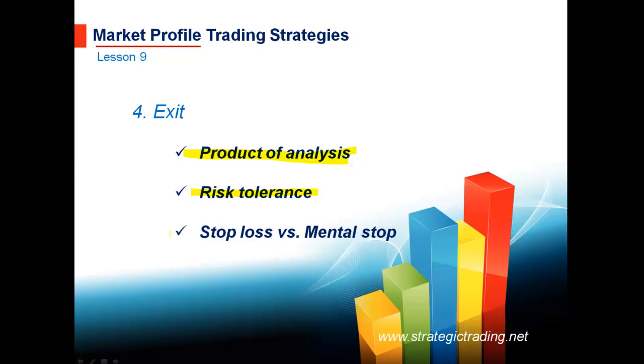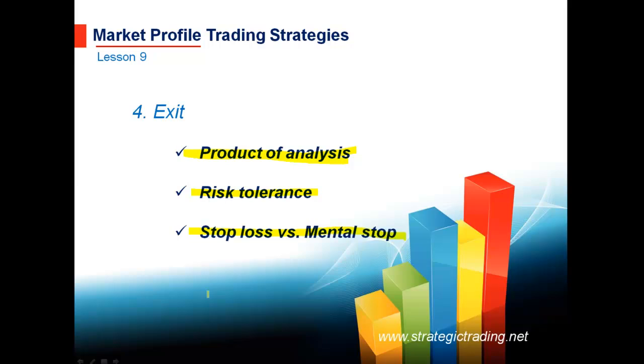Now, the other important thing that I want to talk about is stop losses. There are two different schools of thought about stop losses. There are some traders that never use a hard stop in the market. They decide they're going to work with what they call a mental stop. So they know where they want to get out, but they don't put that in there. They decide to take themselves out at the point that they feel the analysis has failed.